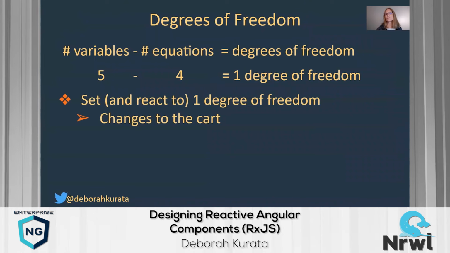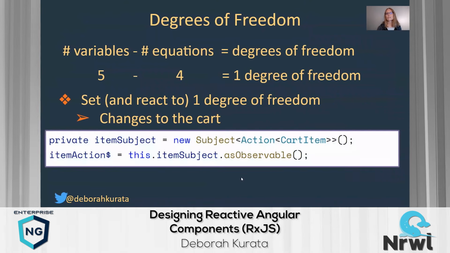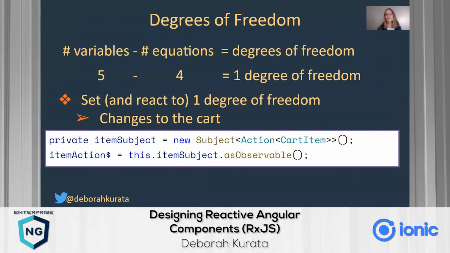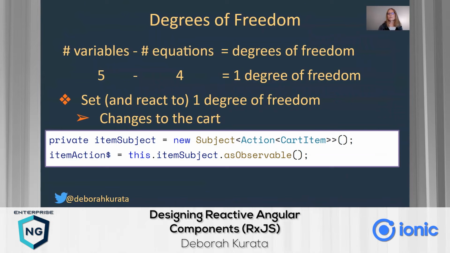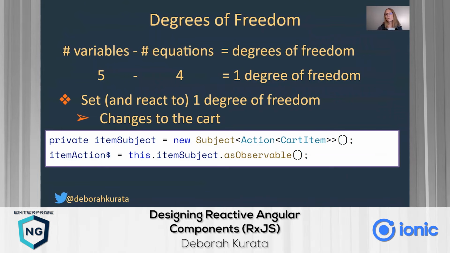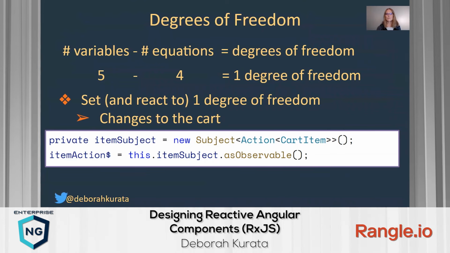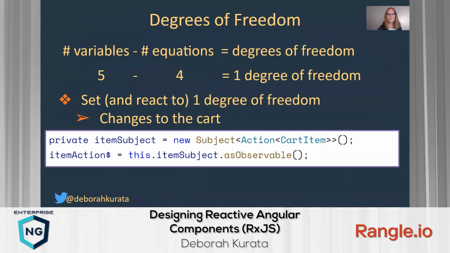And that is our changes to the cart defined by our subject here. So if our original design had separate subjects, one for add, one for delete, one for update, this might give us an indication that there really should only be 1 degree of freedom, that we would only have 1 subject or behavior subject that we would need to work with for that part of the design.